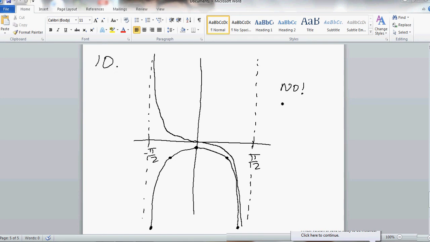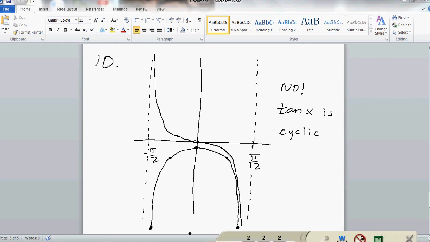Explain. Well, tangent of x is cyclic. In other words, it's just this part right here repeated infinitely many times. And if this one cycle never had a positive derivative, then it will never have a positive derivative because it just repeats and repeats.